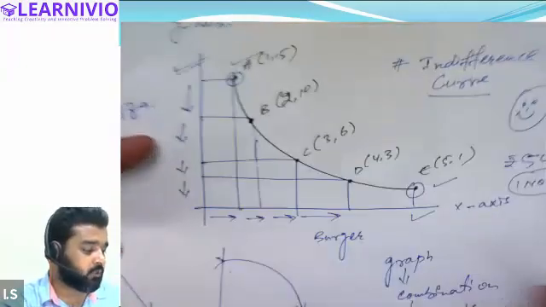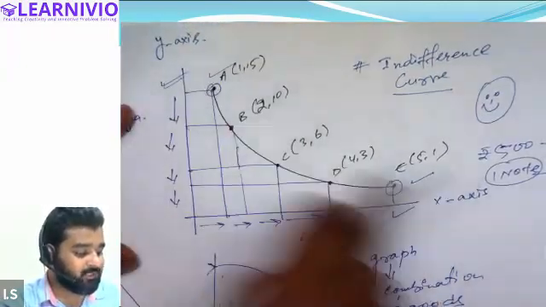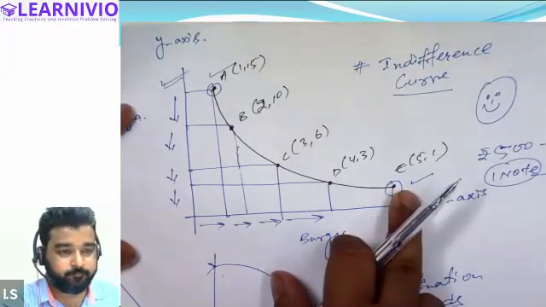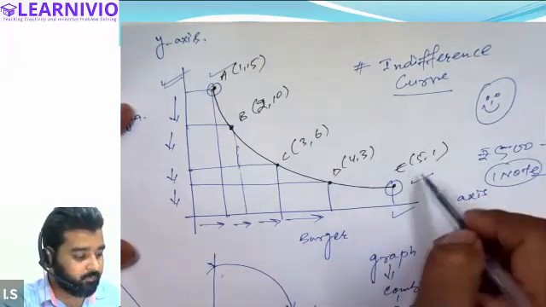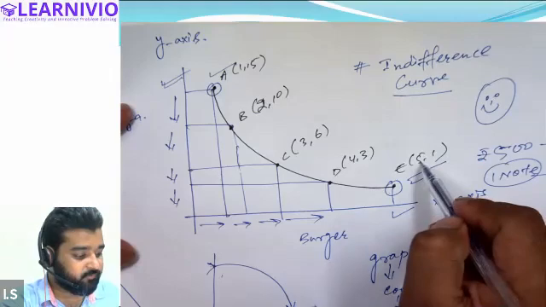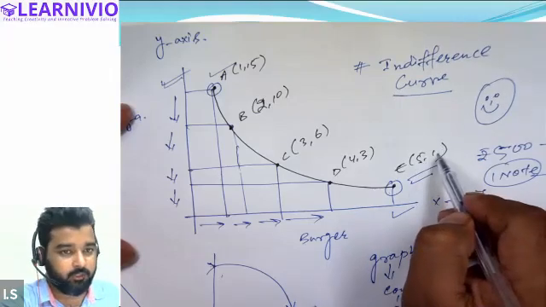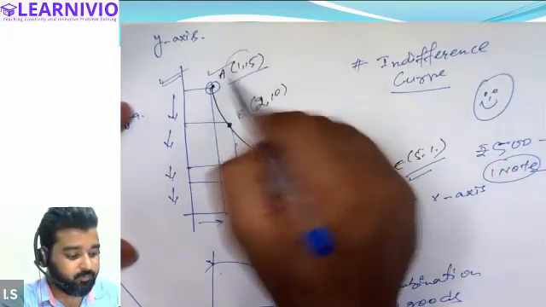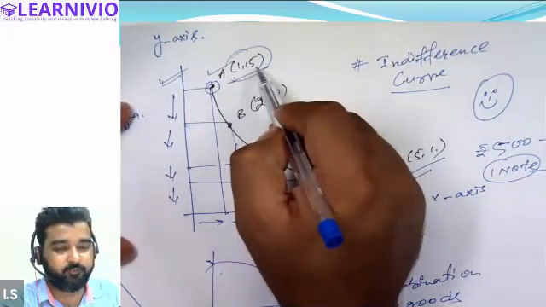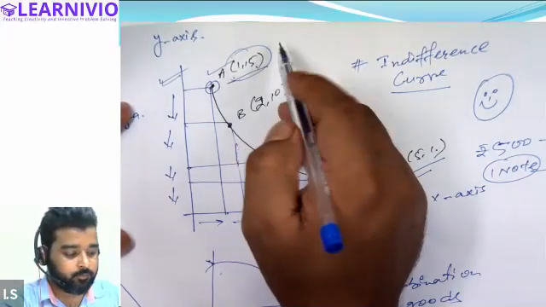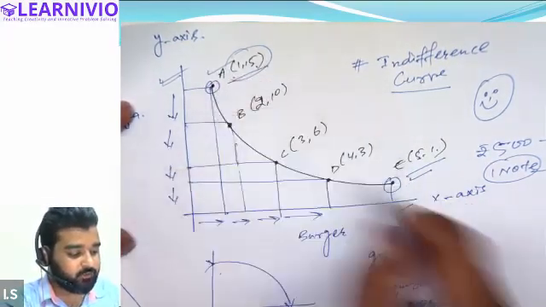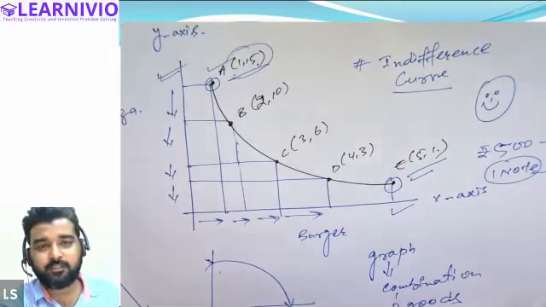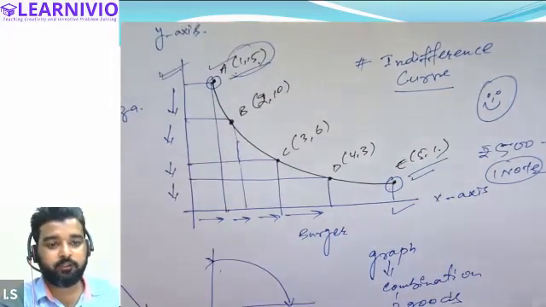Why? Because none of the combinations contains zero quantity of any commodity. See, in the E combination, we have 5 units of one commodity and 1 unit of the other commodity. In the A combination as well, we have 1 unit of one commodity and 15 units of the other commodity, right? So there is no combination that contains zero quantity of any commodity, neither burger nor pizza.